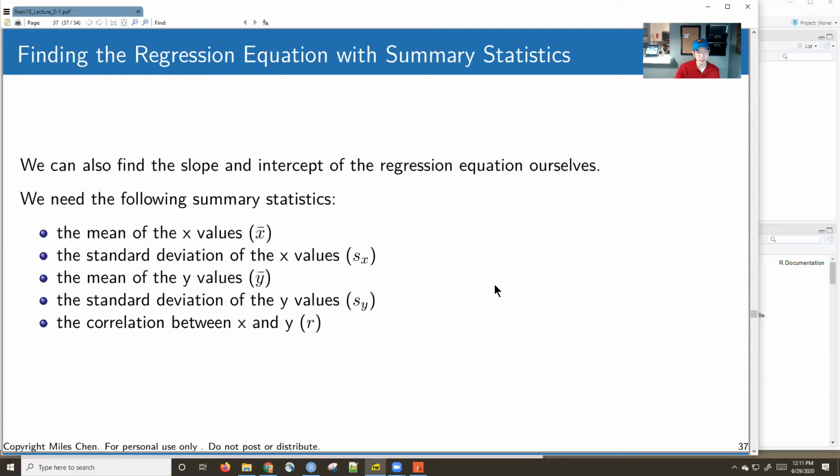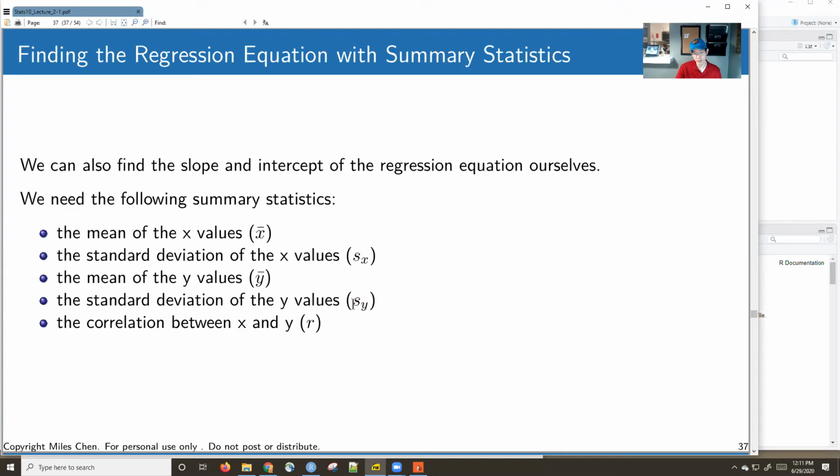In order to do that, you would need these 5 summary statistics. You would need the mean of x, which is x bar, the standard deviation of x, which is written s subscript x, to say this is the standard deviation of the x variable, the mean of the y values, y bar, and the standard deviation of the y values, s subscript y.